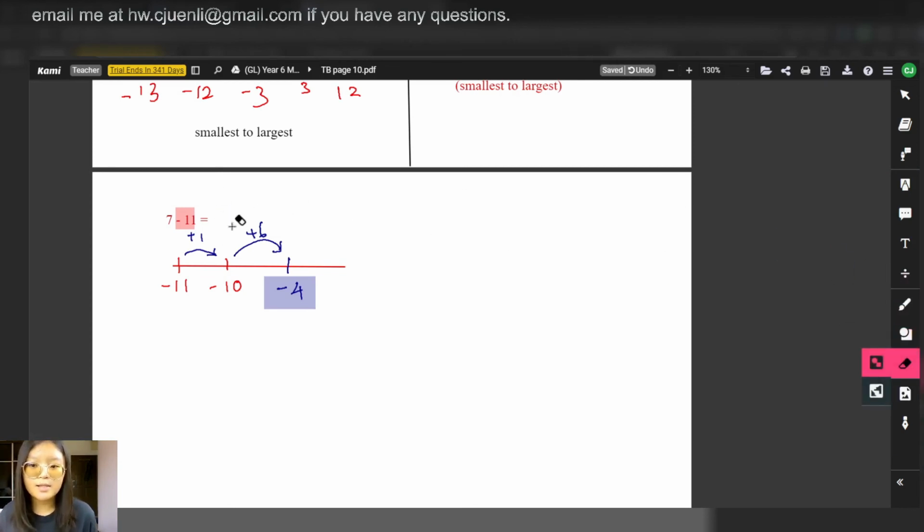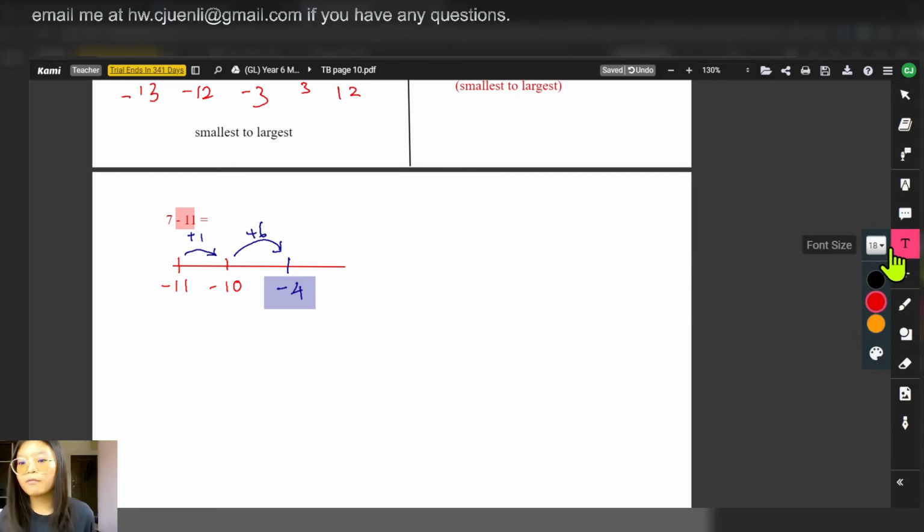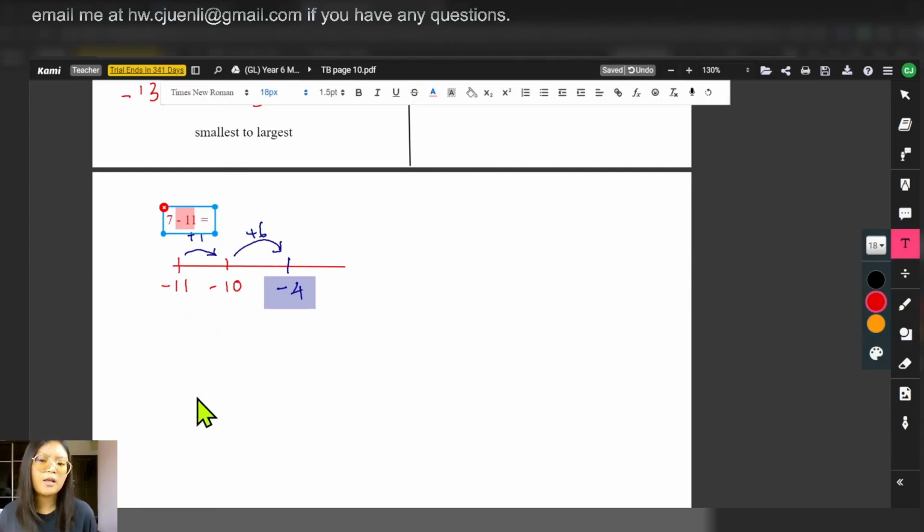I want to show you, since I'm showing you how from a positive number you get to a negative number, and also from 7 to negative 11 in a way, right? So let me just give you a different one, right? So a different number, maybe I can give you, let's say, from negative 4.